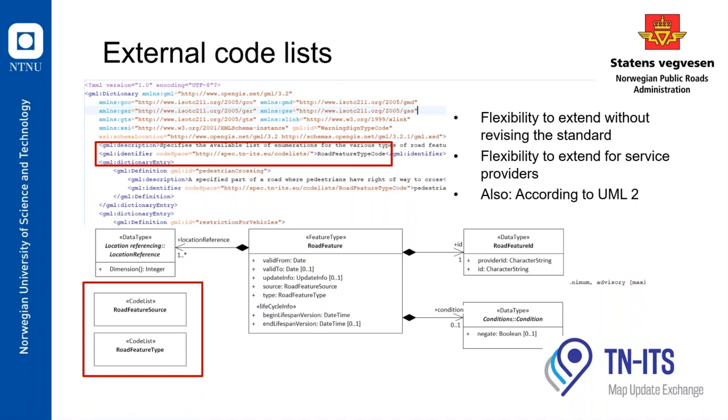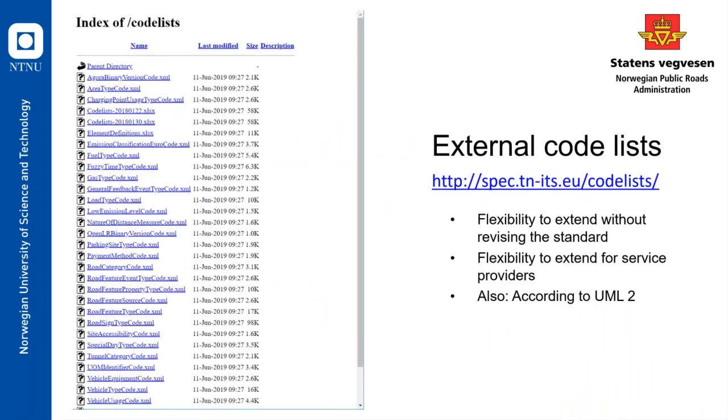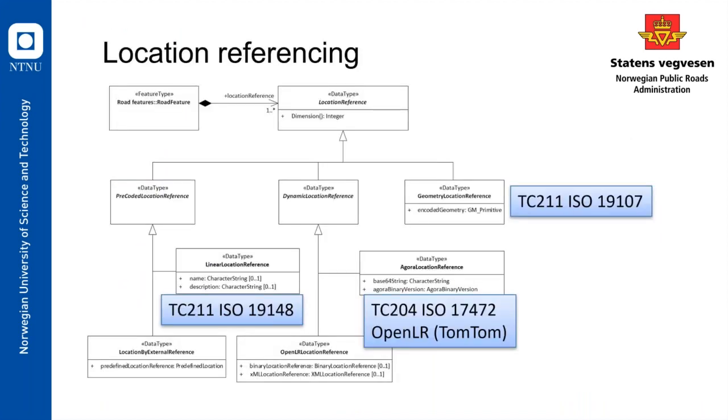Okay. So next, location referencing. Like I said, all road features must have some kind of location referencing. We can see that in the model with this 1 ... star multiplicity here. In the Rosetta specification, location referencing was optional, but we discussed it in the work on the technical specification, and we agreed that there should be some kind of location reference for all road features.